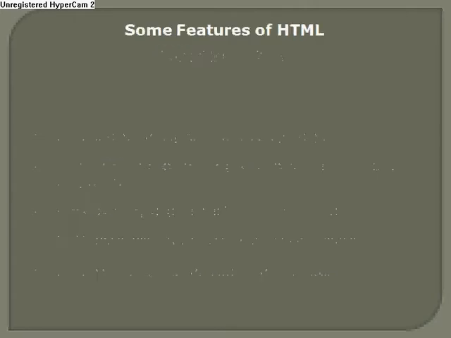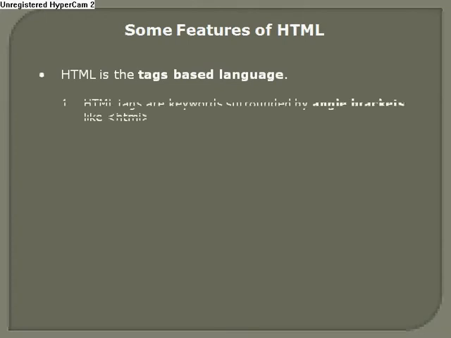Now next, some basic features of HTML. First of all, as I have already told, HTML is a tag based language. Now what is this tag? HTML tags are keywords surrounded by angle brackets, like opening angle bracket HTML and closing angle bracket.